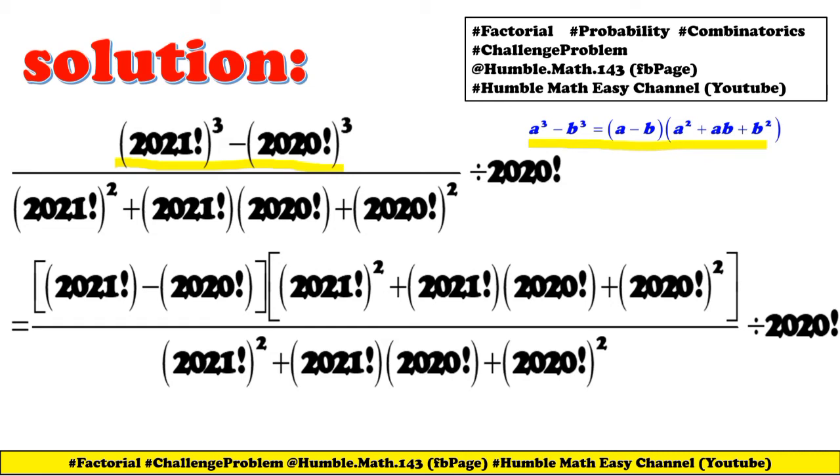The a cubed minus b cubed is the same as the first factor, which is a minus b, times the quantity a squared plus ab plus b squared as our second factor. So the first thing that we should do in our numerator is factor that.